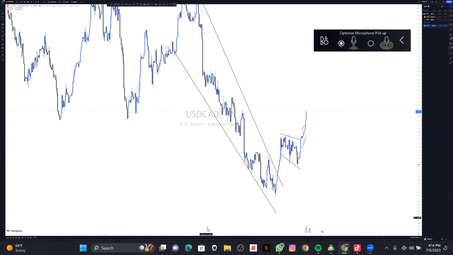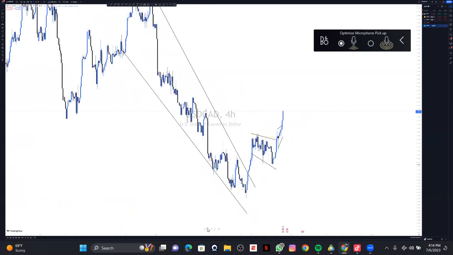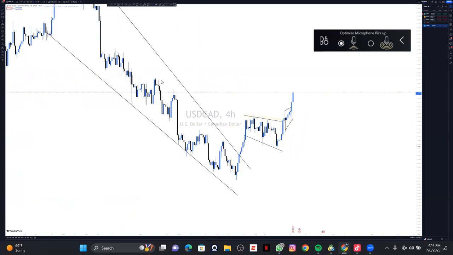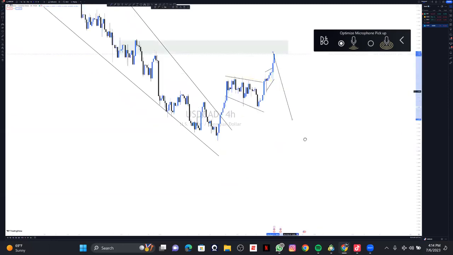So I'm gonna zoom in. So were you looking at this level here? The first one, it's a liquidity. Yeah, so then the second one, yeah. That's what I see.